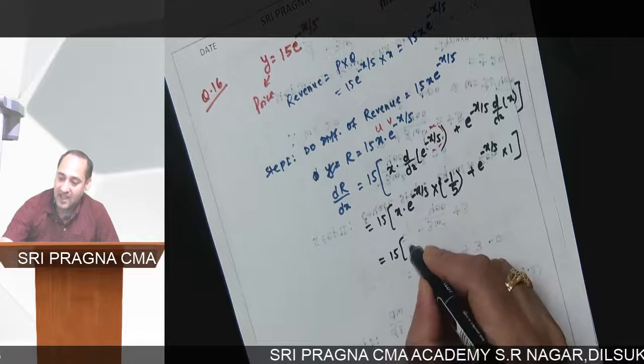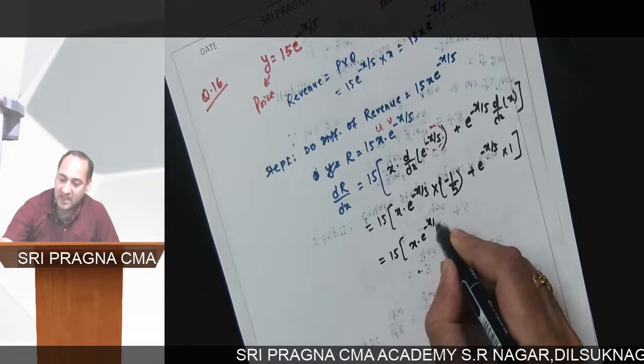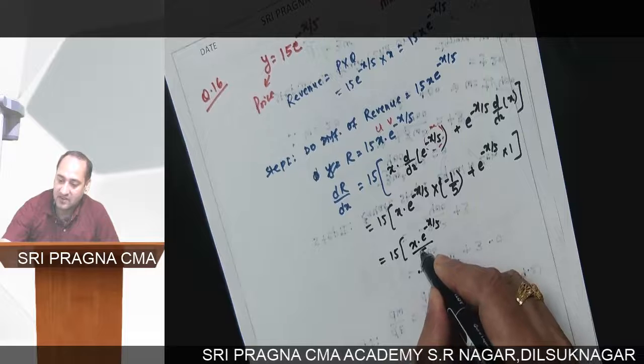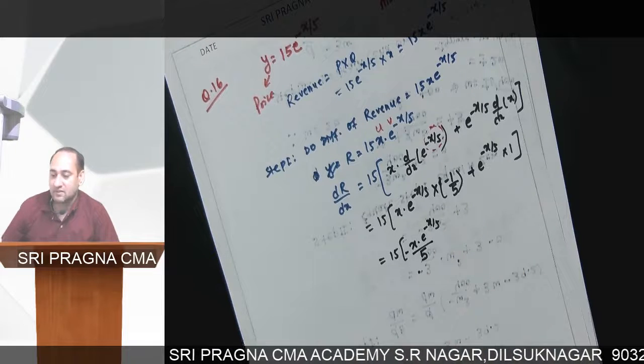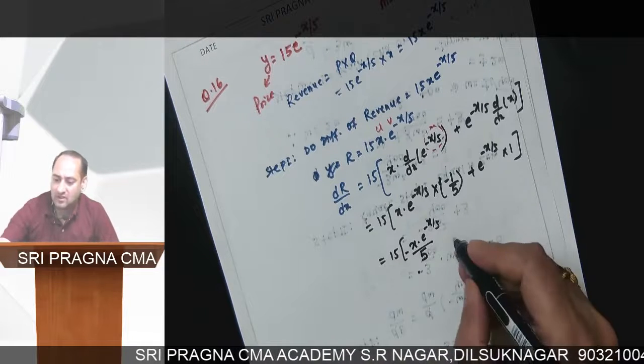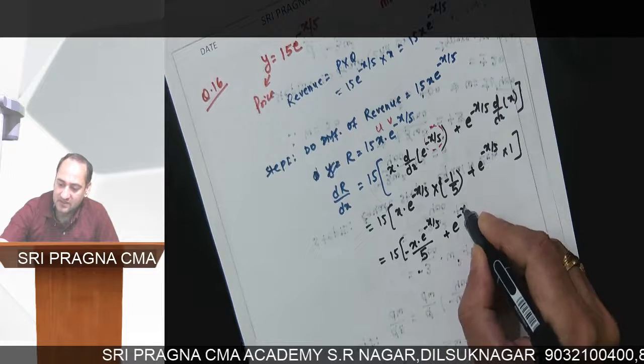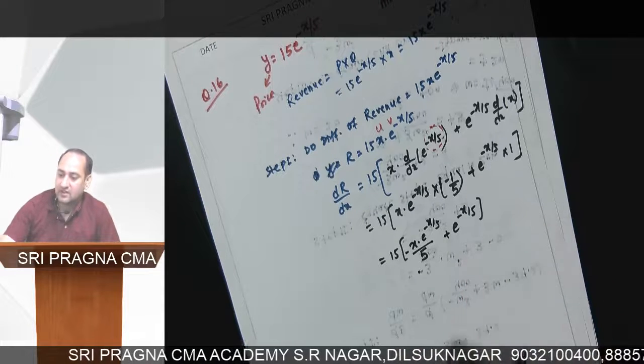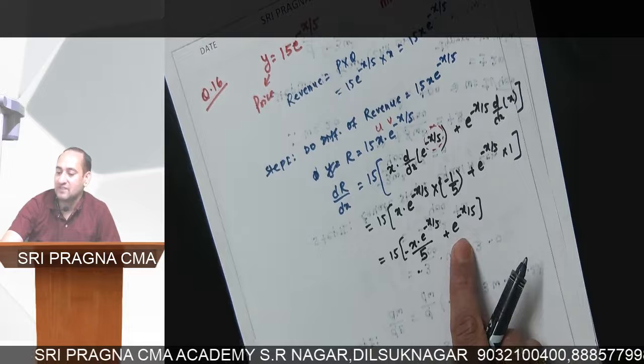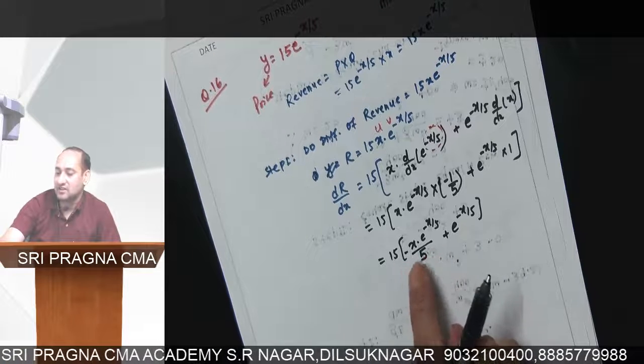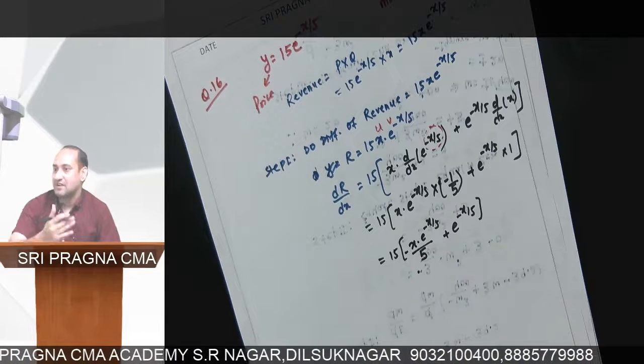15 x e to the power minus x by 5, and obviously we are going to divide by minus x by 5. Okay? Comfortable? Plus e to the power minus x by 5. So be clear, there is no 5 here. You cannot directly take the 5 as a common.